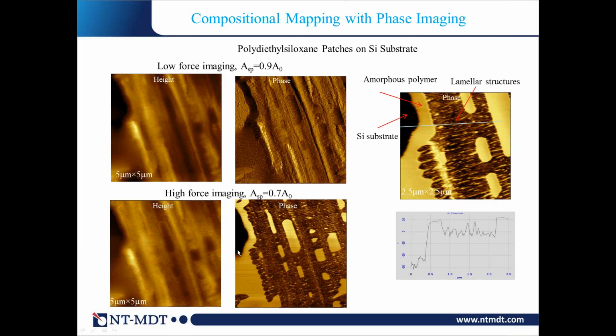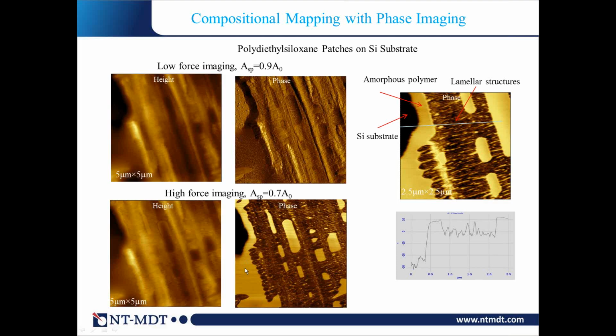There are patches where the tip sees the substrate, then inside the polymer you see there are regions of different contrast, and phase differentiates them. You see, phase gives you the compositional map. Height shows you some corrugations, but phase gives you the information. There are three components in this object. There is the location where the tip interacts with the surface.